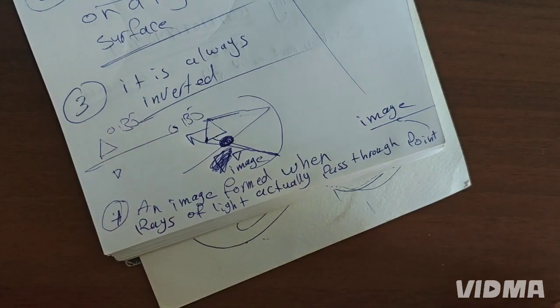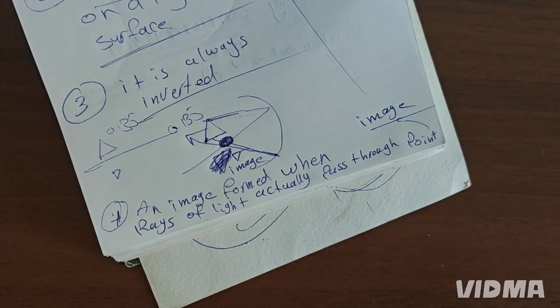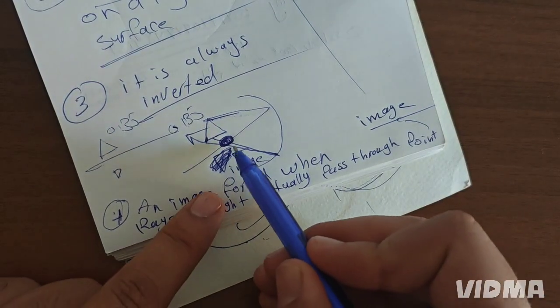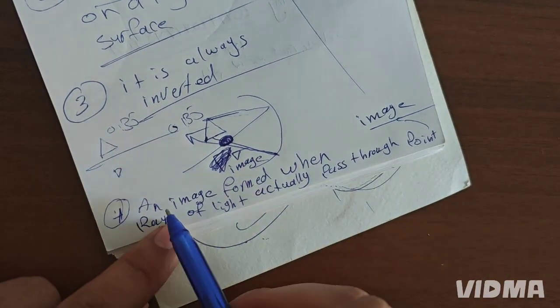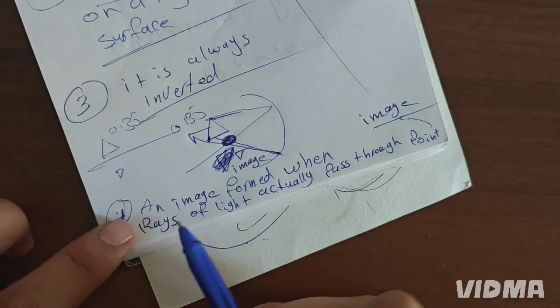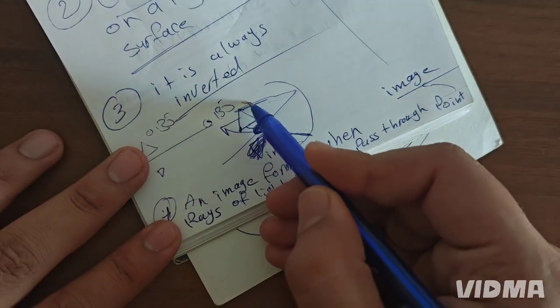It's actually when the image becomes produced. This is the position of the image that's produced. An image is formed when the rays of the light actually pass to the point of the image. For example, this is the object, light came out from the source.